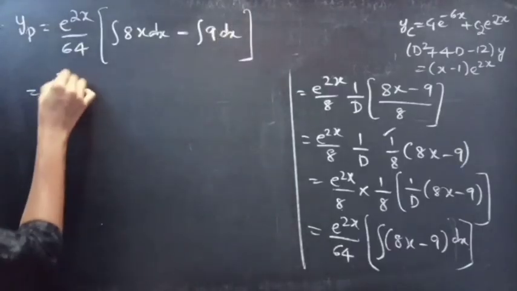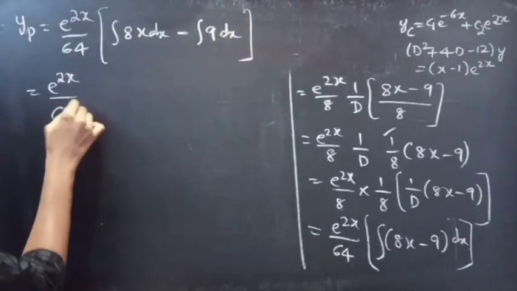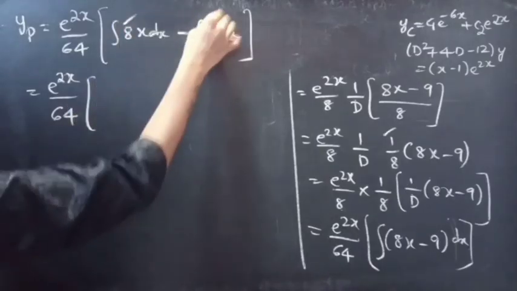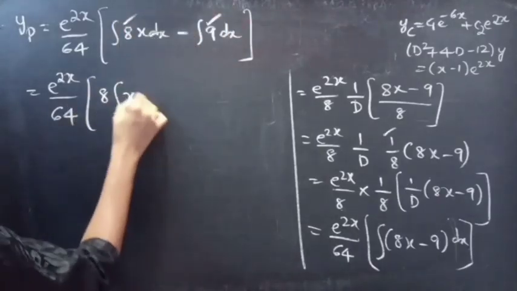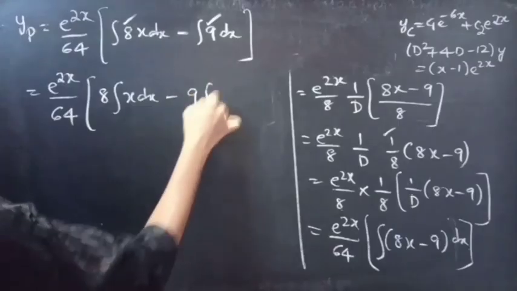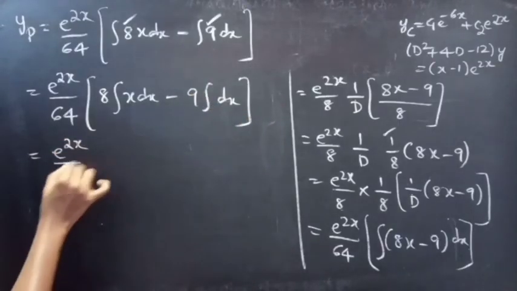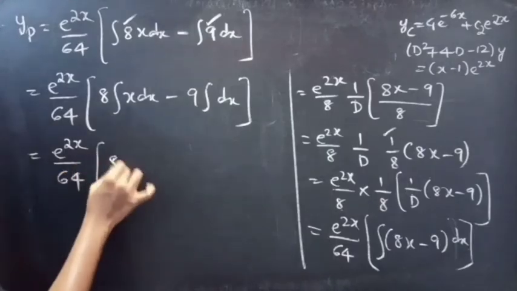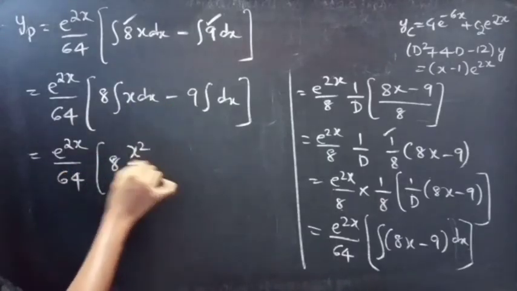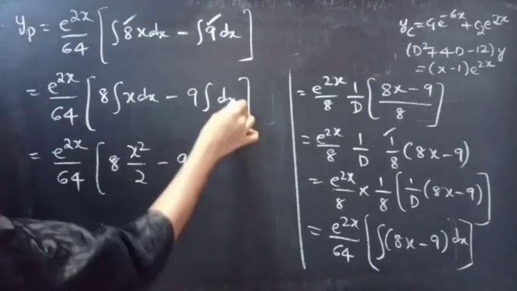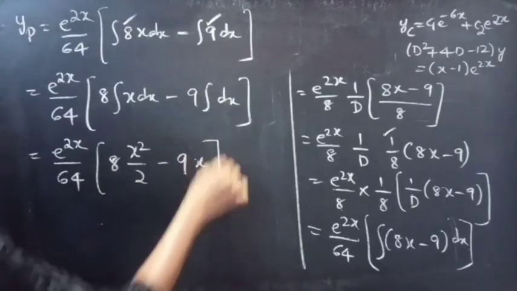This equals e power 2x by 64 into, taking the constants outside the integral, 8 integral x dx minus 9 integral dx, which equals e power 2x by 64 into (8 integral x dx is x square by 2, minus 9 into integral dx is x).